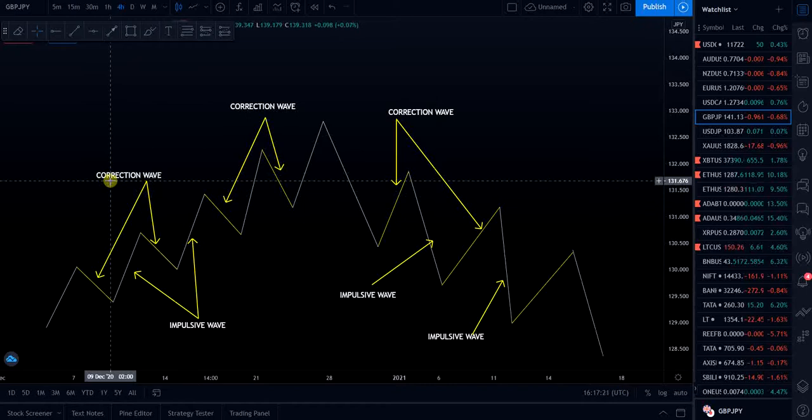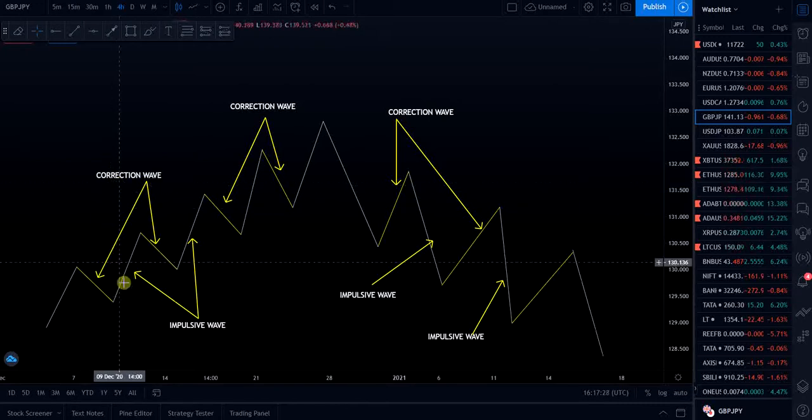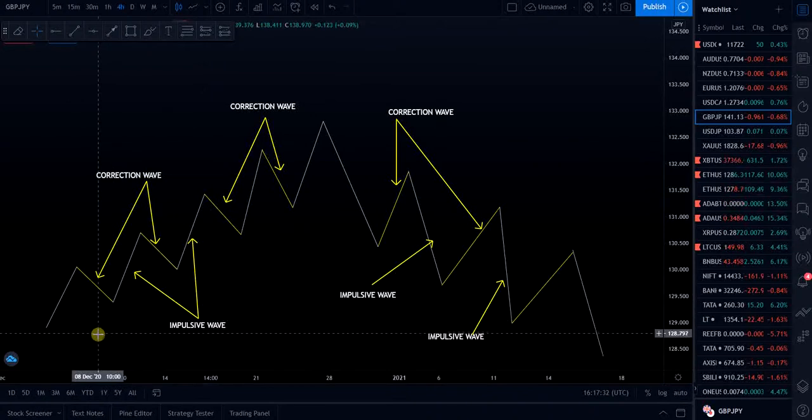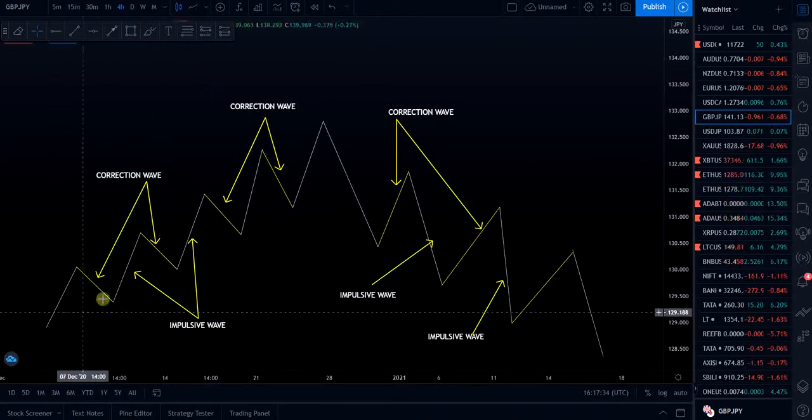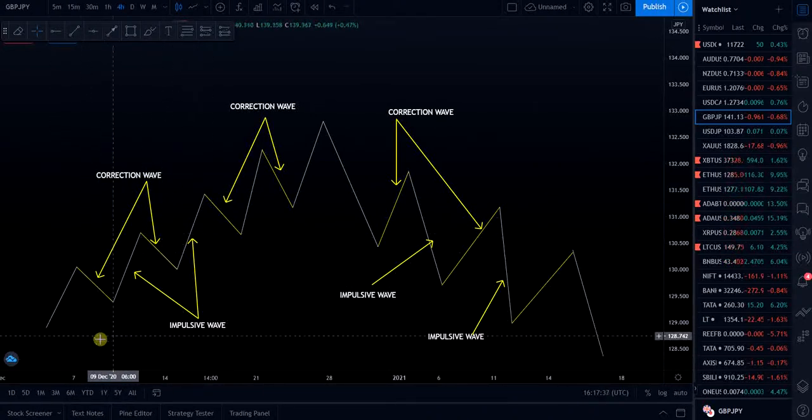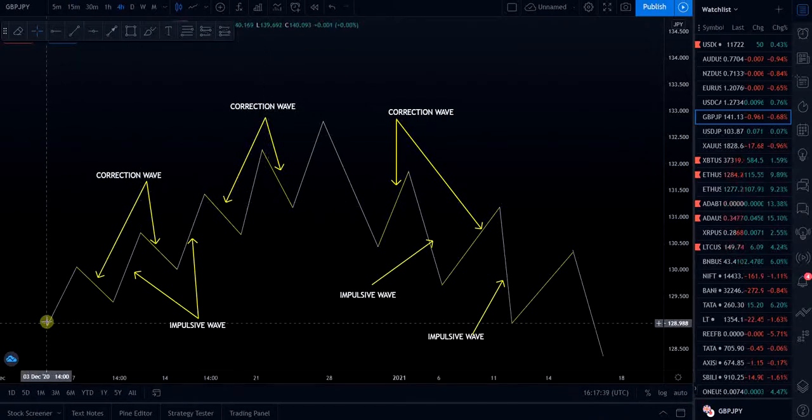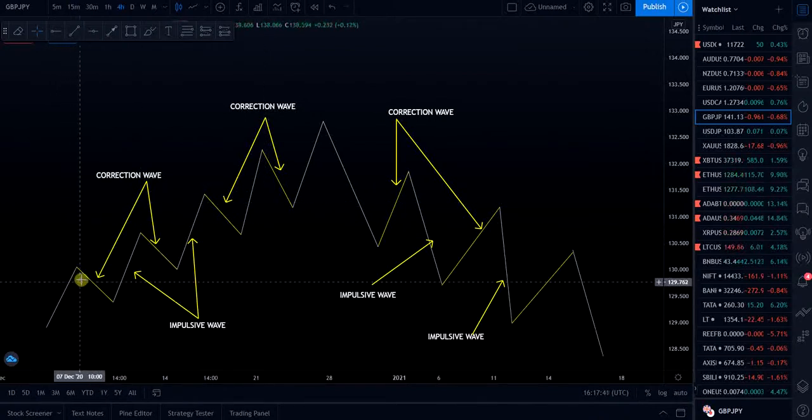As I said, there are 2 types of waves. First one is an impulsive wave and another one is a correction wave. As you can see, this is a bullish trend. In a bullish trend, the wave which is going with the trend, that means if the market is in an uptrend, the wave going upside is called an impulsive wave.